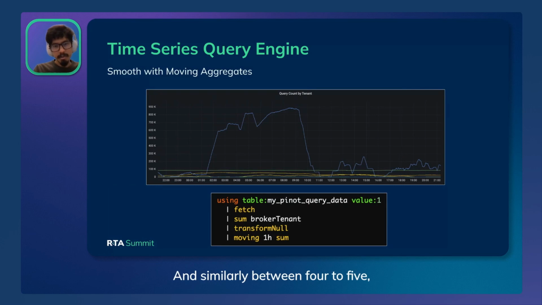Similarly, between 4 to 5, I can see that the dip happened gradually and then the increase happened gradually. That is the advantage of doing smoothing with moving functions, because you don't lose out on resolution. This data is still 1 minute resolution, but you get rid of the spikes, and that is quite useful in most cases. And again, it's very easy to add in M3QL. It's just a few words compared to SQL, where you have to write window functions or something else.